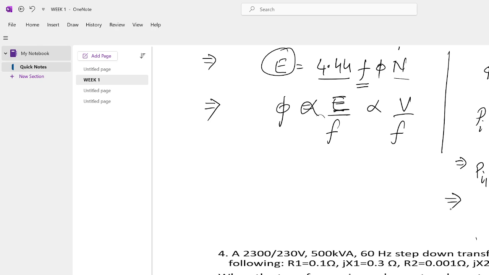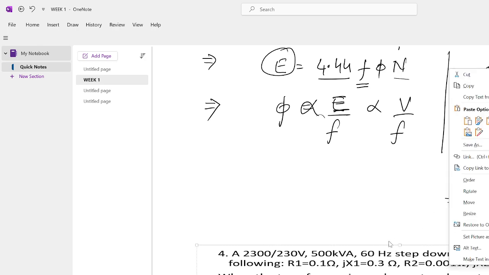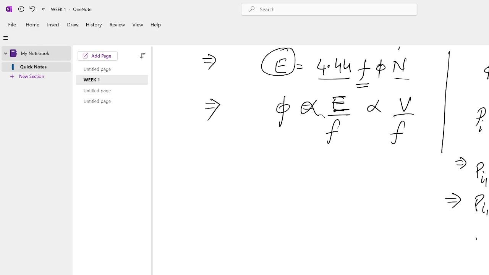So we can write Pi1 into F1 square is equal to Pi2 into F2 square. We have to find out the loss at 60 hertz. What will you do now? Simple. This is 10 watt into 400 hertz square upon 60 hertz square, that will give you Pi2.